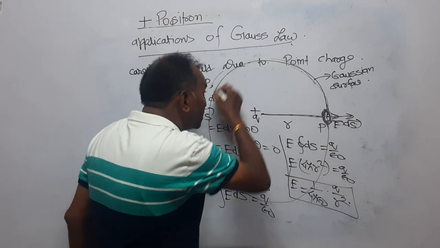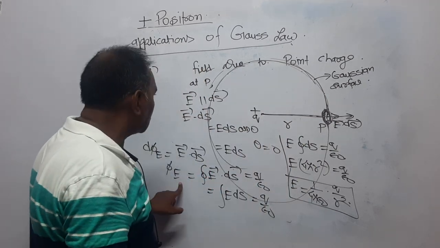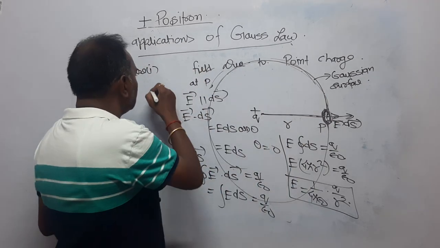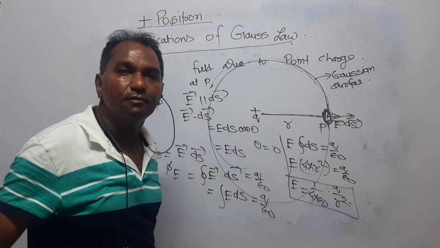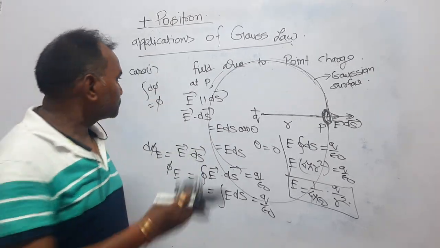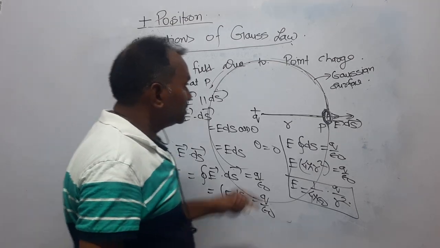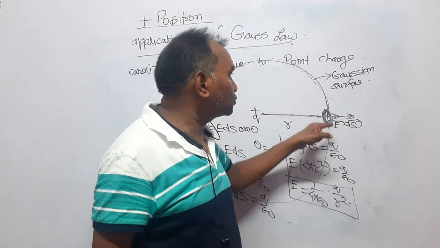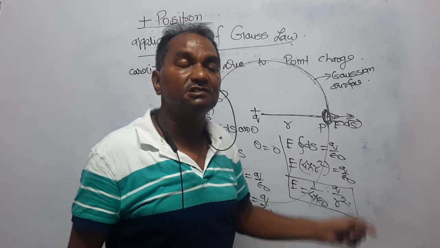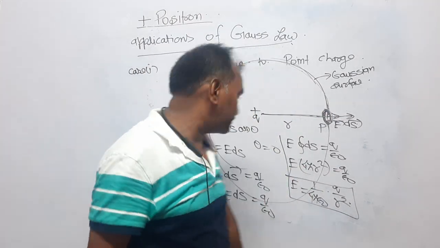With total, if you integrate d phi, that will result into phi. In a similar way, d phi is the flux associated with this element and phi is the total flux associated with this spherical Gaussian surface.